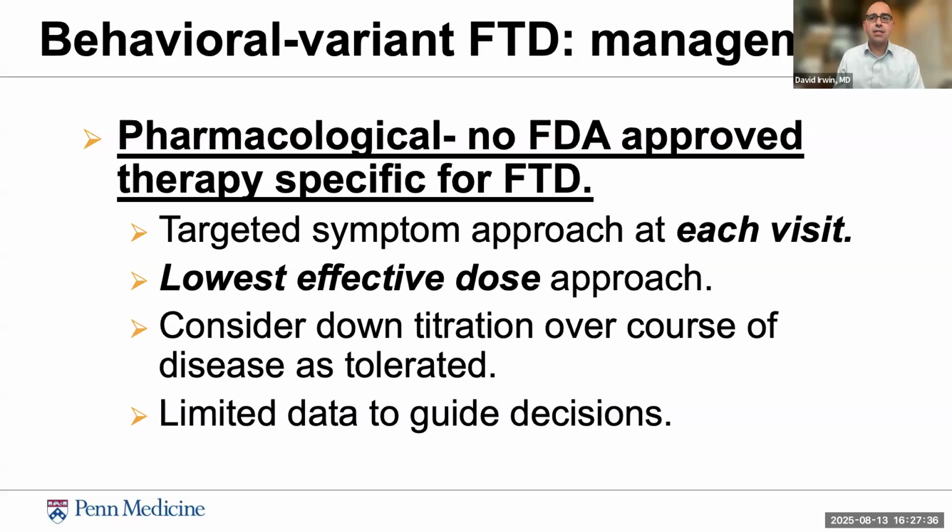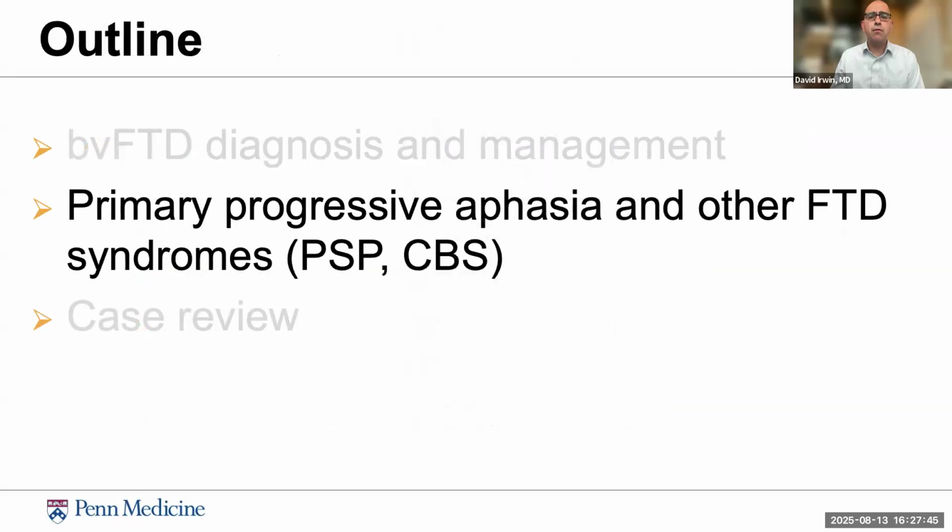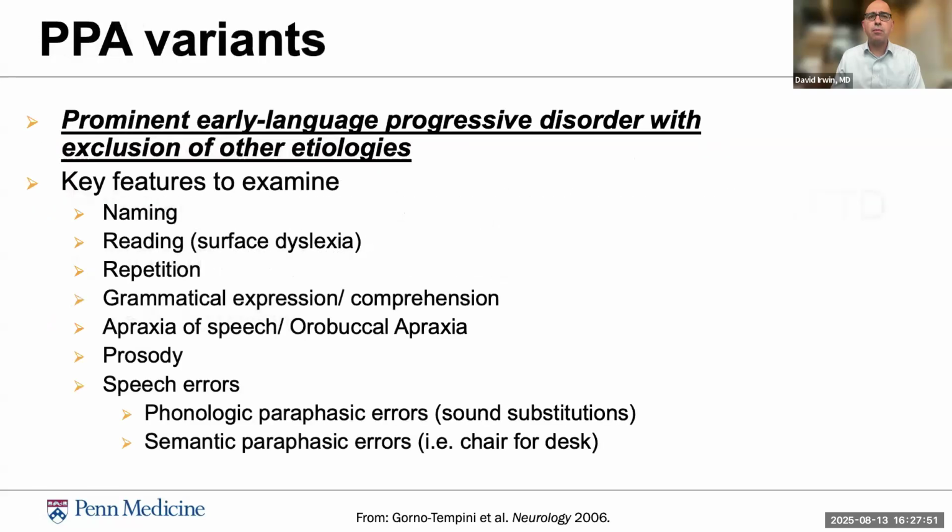We lack data to guide decisions, which is why the emergence of clinical trials for FTD is very important. So moving on with a brief overview of some of the related symptoms for familiarity of other forms of FTD. Primary progressive aphasia is also a clinical form of FTD.